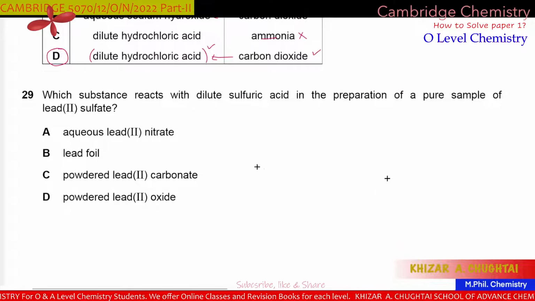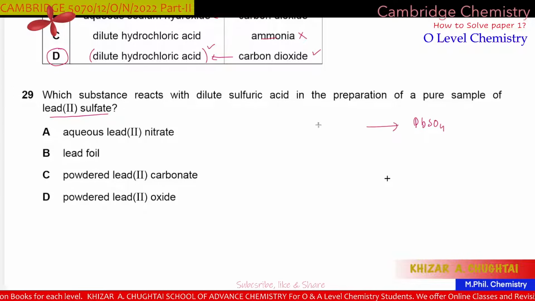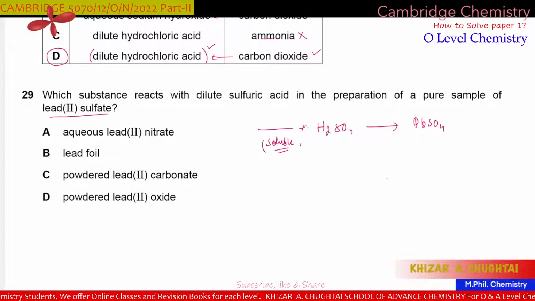Question number 29. Which substance reacts with dilute sulfuric acid to form a pure sample of lead sulfate? We want to make lead sulfate, that is PbSO4, and one reactant we have is sulfuric acid, plus the second one he is asking us to choose. There should be a species that has lead. It may be a soluble lead compound, lead nitrate, or lead bicarbonate and so on.